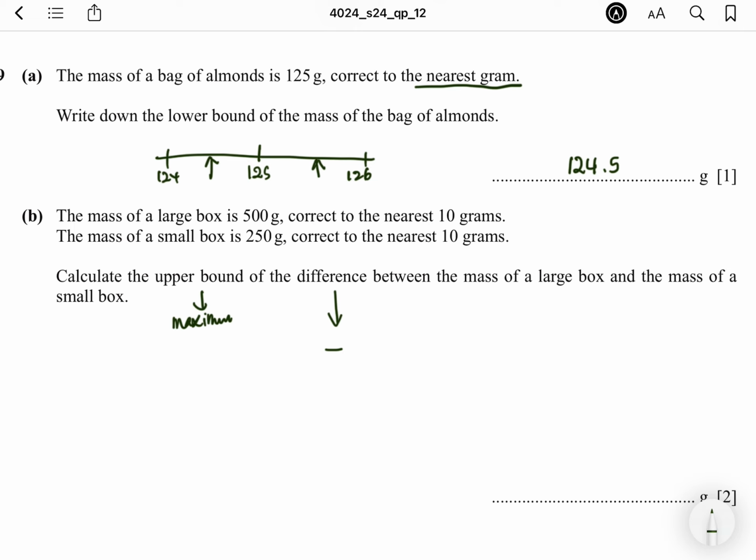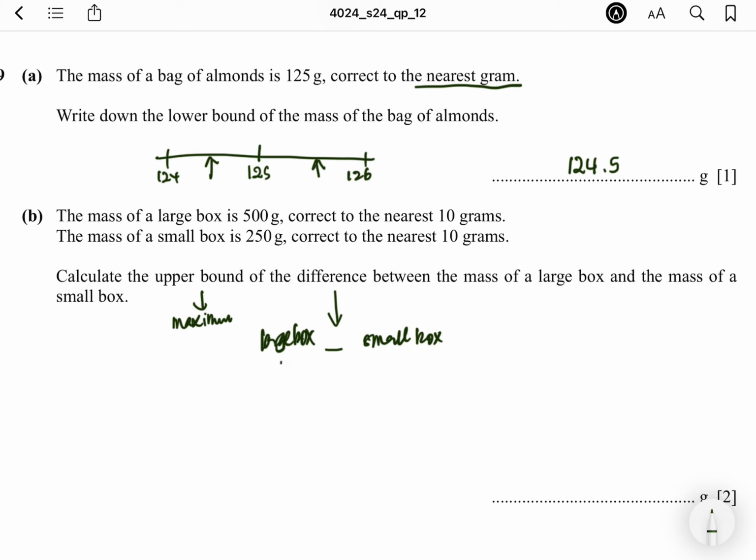And you get the big number if awal-awal sekali you have the largest one, tolak small. Okay? The largest one, tolak the small. So, of course, to get that one, large box minus small box.